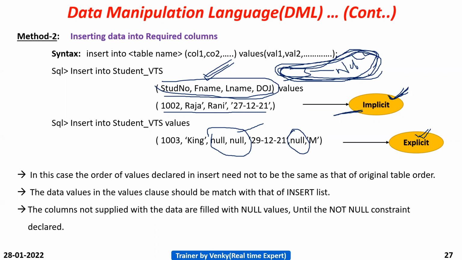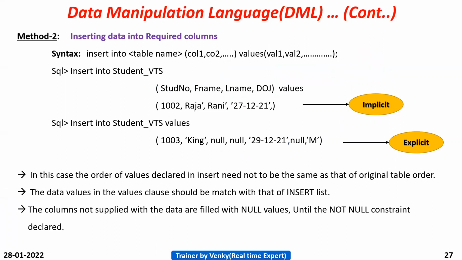I repeat again, implicit null is nothing but if you omit the column names and you are inserting the data only for the columns you require, the remaining columns, Oracle server automatically inserts the null values. That is implicit null. If you want to insert a null value into any column, we can use the null keyword to insert the null value. That is called explicit null.